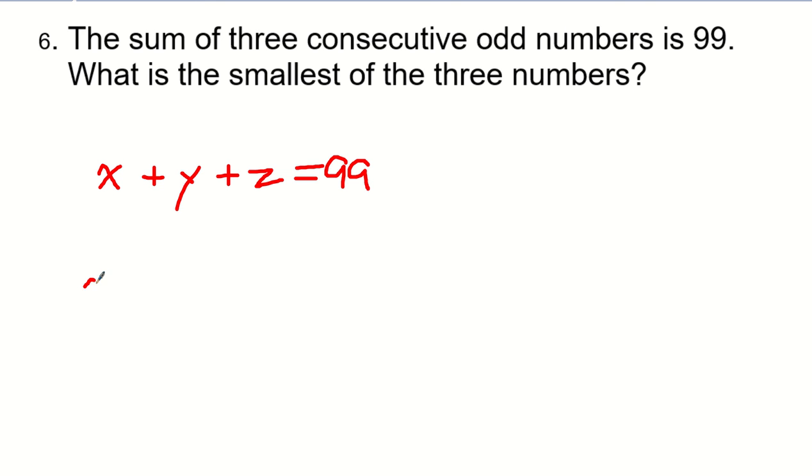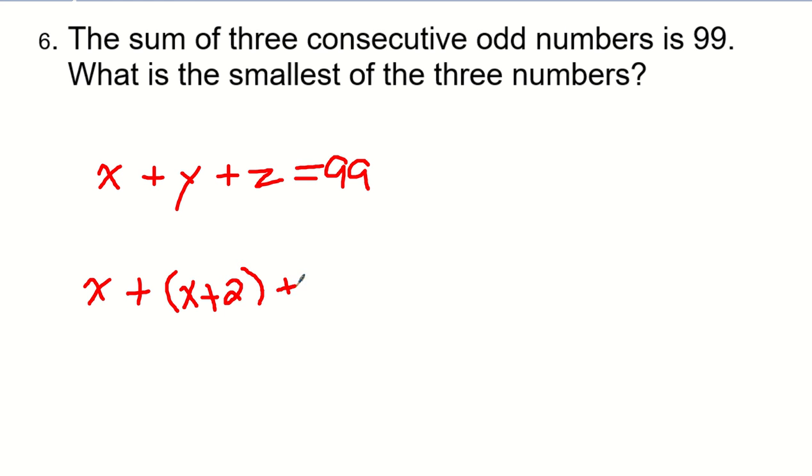But if you can use the fact that they are consecutive odd numbers to your advantage, we can do this. If we're calling the smallest number x, then wouldn't the next biggest number be x plus 2? Whatever this number is, isn't the next number that number plus 2?